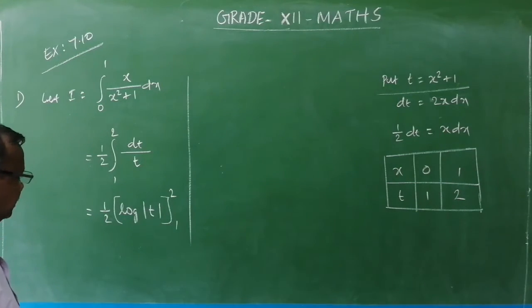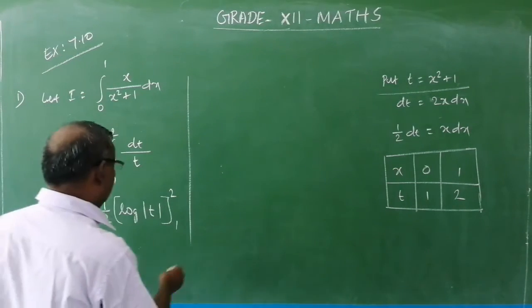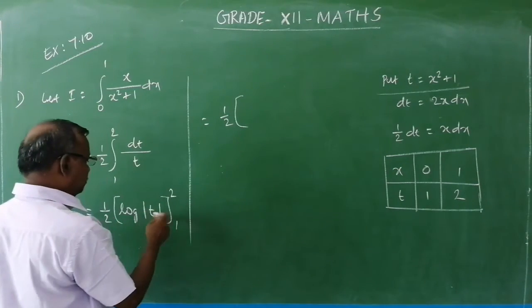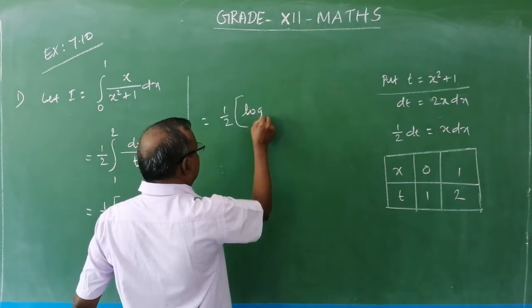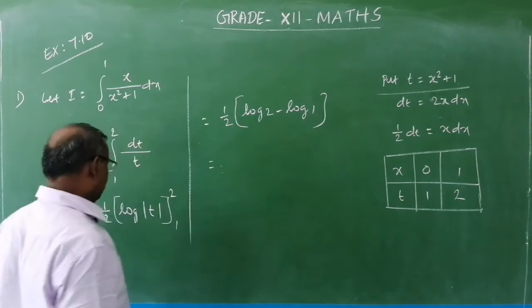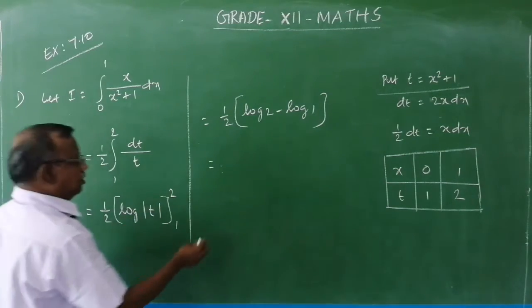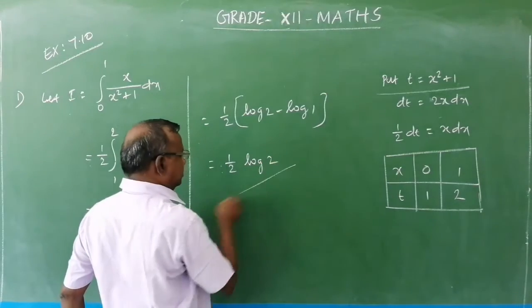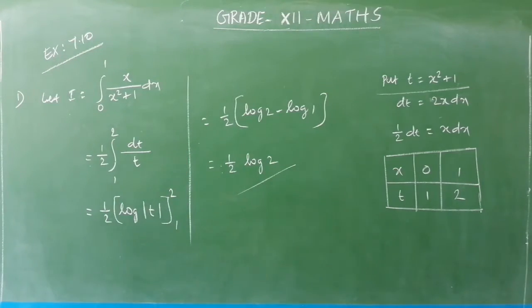As per the second fundamental theorem, it is upper limit minus lower limit, that is equal to half into log 2 minus log 1. So clearly you know the value of log 1 is 0. So it is log 2 only. So this is 1 by 2 into log 2. So this is the answer.